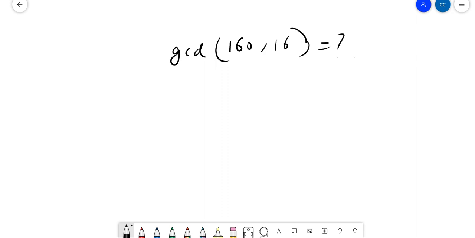We have to find. Now we have to make the table like this: R1, R2. This one is R1. This one is R2. Q and R, right? Now I'll make a table.